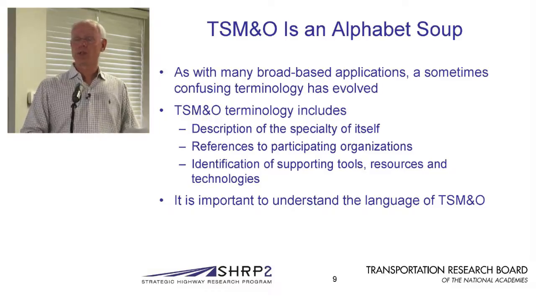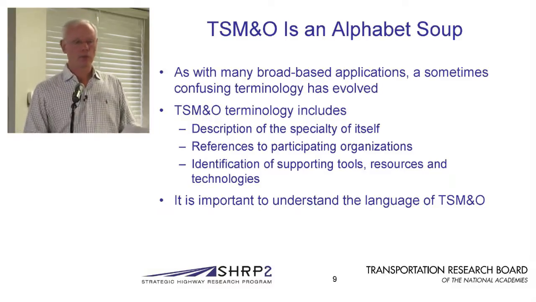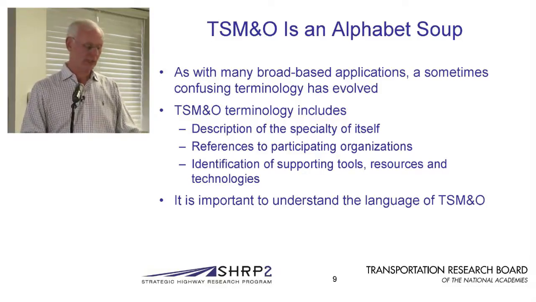Even if we can get by the name and the acronym TSM&O, which doesn't exactly roll off the tongue, even within TSM&O there's a set of acronyms on their own that can be confusing, especially to those outside. We'll talk about some of these throughout the course, but we can throw out things like ATM and ATDM and ICM and the NOCOE and get really lost in an alphabet soup of terms.